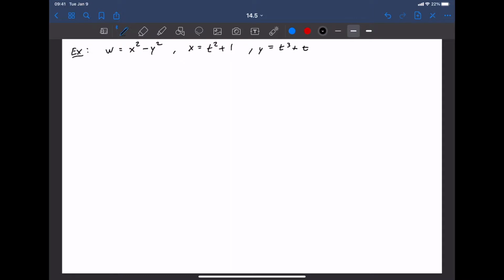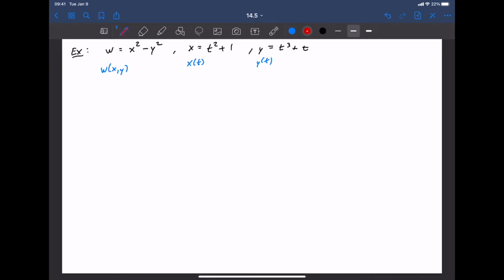We have three functions, so to speak. We have a w function, we have an x function, and we have a y function. But at the end of the day, they are all based on one letter, let's say t. Right? Do we see how that might trickle down? So it's like you would write w as a function of x and y, x is a function of t, y is a function of t.